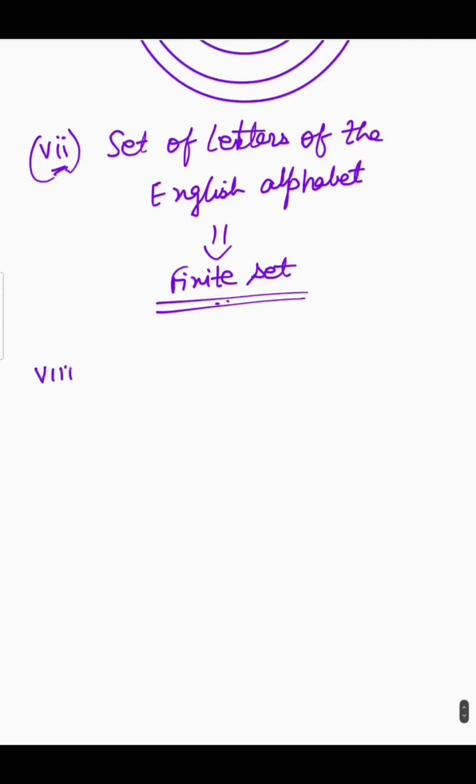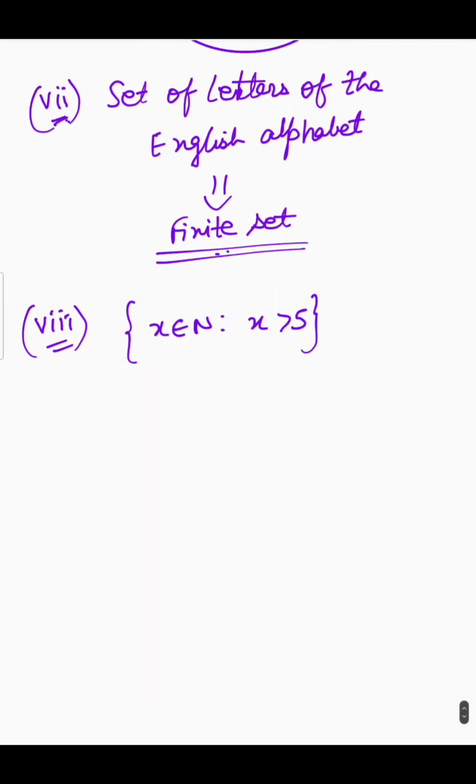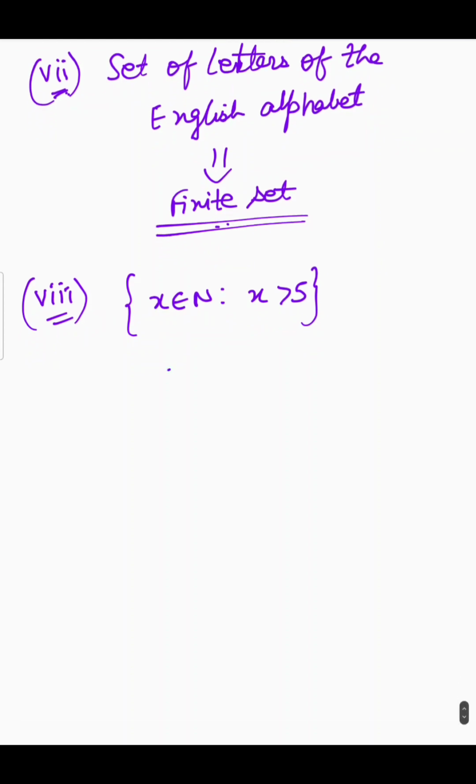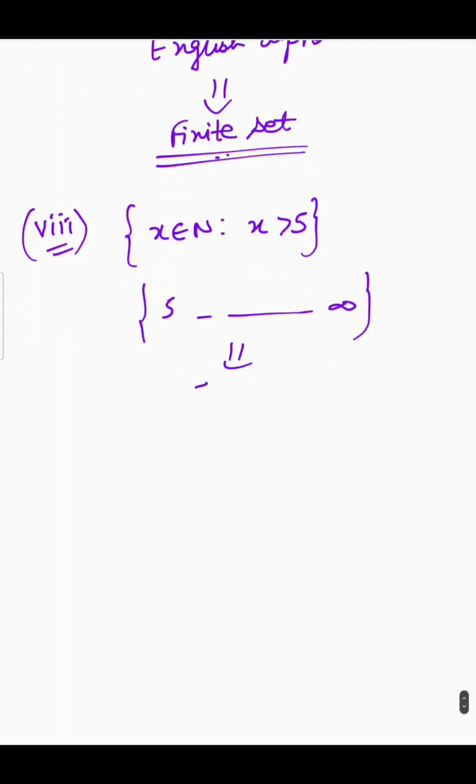Next. x belongs to natural number and x is greater than 5. x belongs to natural number, x greater than 5. Means 5 to infinity. So it's an infinite set. Next.